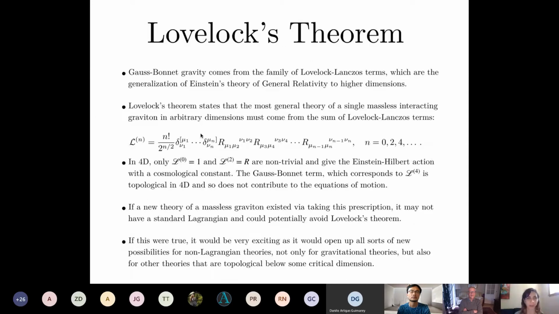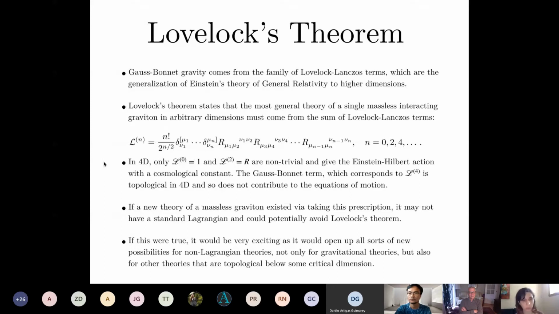So Gauss-Bonnet gravity comes from the family of Lovelock-Lanczos terms, which are the generalization of Einstein's theory in higher dimensions. Lovelock's theorem states that the most general theory of a single massless interacting graviton in arbitrary dimensions must come from a sum of these Lovelock-Lanczos terms, which take this form here.